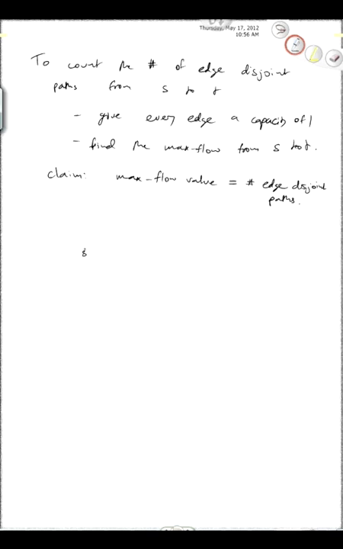Imagine that somebody comes along and shows you, let's say, 4 edge disjoint paths. If I show you these 4 edge disjoint paths, I know for a fact that the max flow value has to be at least 4, because I could put 1 unit on each of these separate paths.